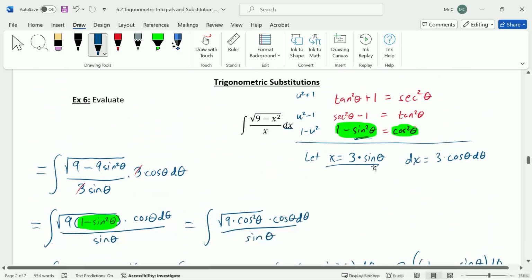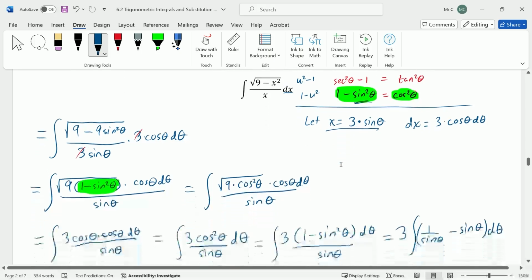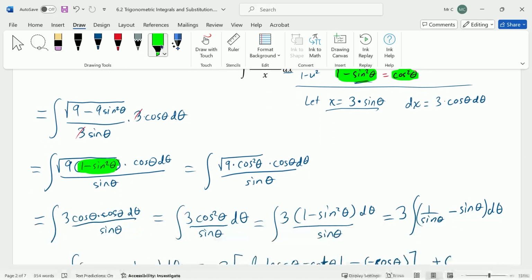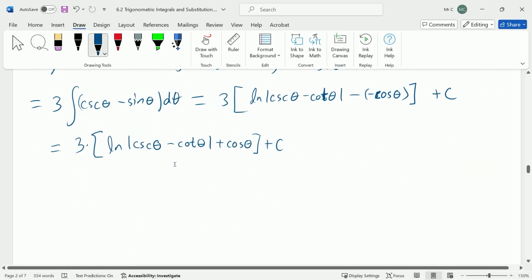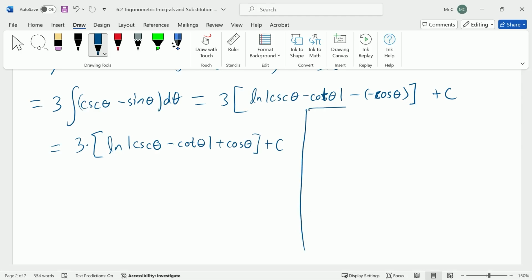So we have to figure out how to replace our functions back in terms of x, right? So this is the information we used for this substitution. x is 3 times sine of theta. So we're going to have to do a little bit of work off to the side. So x is 3 times sine of theta, which means x divided by 3 is sine of theta.